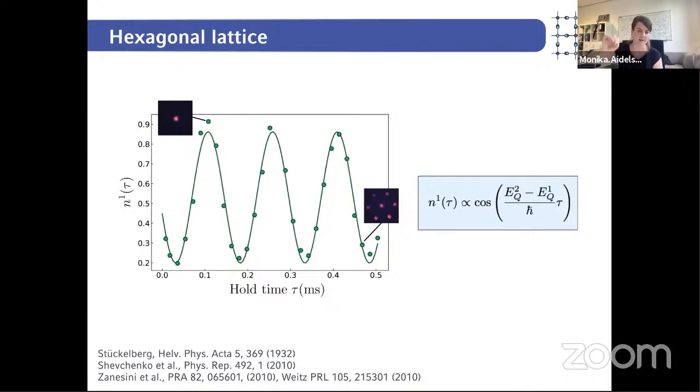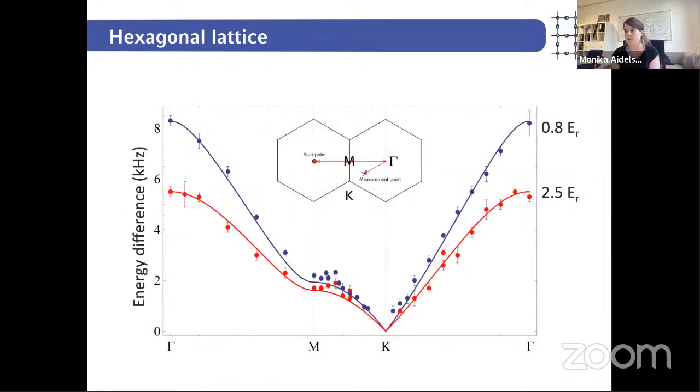And now by scanning different final positions, we can in principle map out the whole band structure. And here are two examples of a measurement that was taken in the lab, where originally we start with a condensate at the gamma point at Q equal to 0. And then we transfer it or move it through different points in the Brillouin zone. So here is the M point, which is midway in the connection between K and K prime.